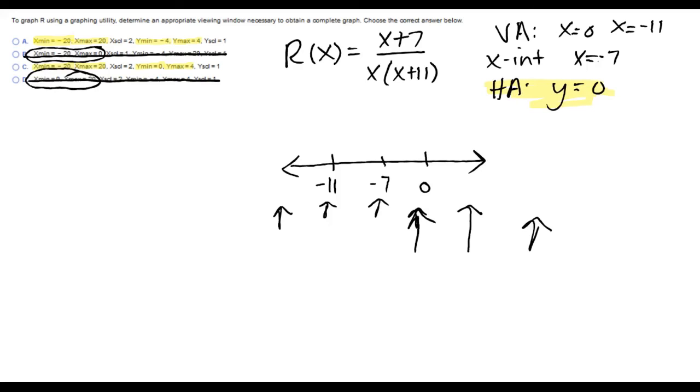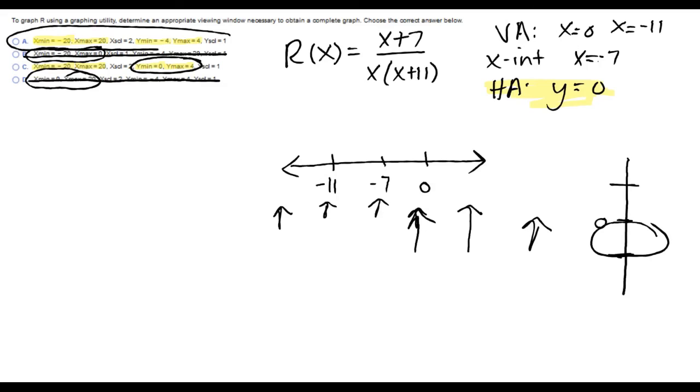So for our y scale, we want to make sure that we have some of our picture above and below that horizontal asymptote so that we can see both sides of it. And if we chose from 0 to 4, we would be leaving off the bottom half of that horizontal asymptote. So we want to choose this first option of -20 to 20 for the x scale and -4 to 4 for the y scale.